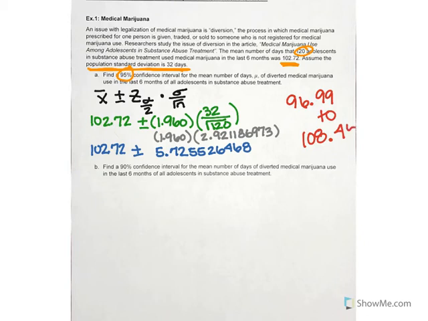So that 5 will make that second 4 be a 5. So round it correctly, 2 decimal places, you will get the interval from 96.99 to 108.45. And that would be days.